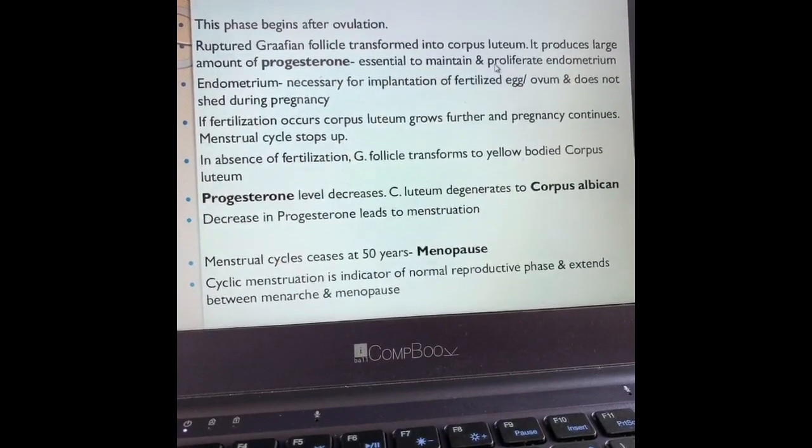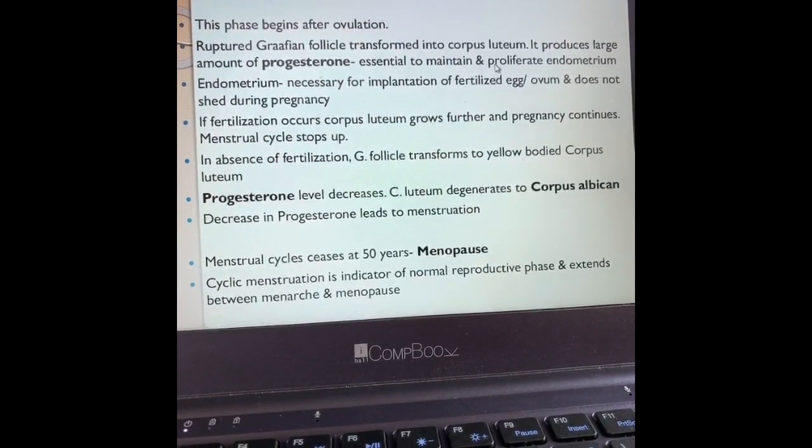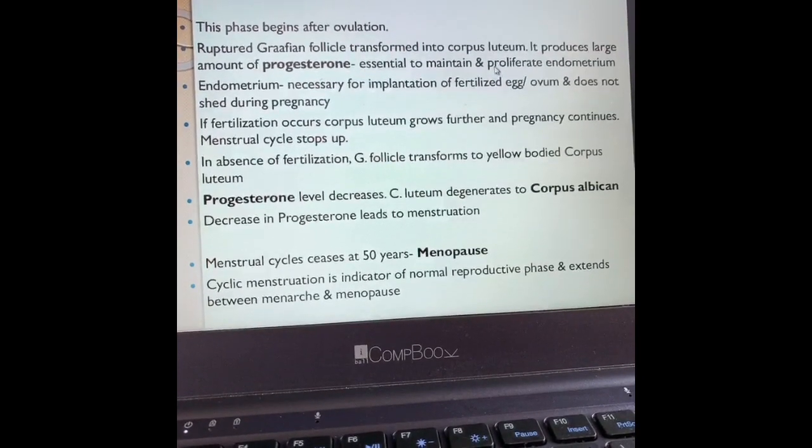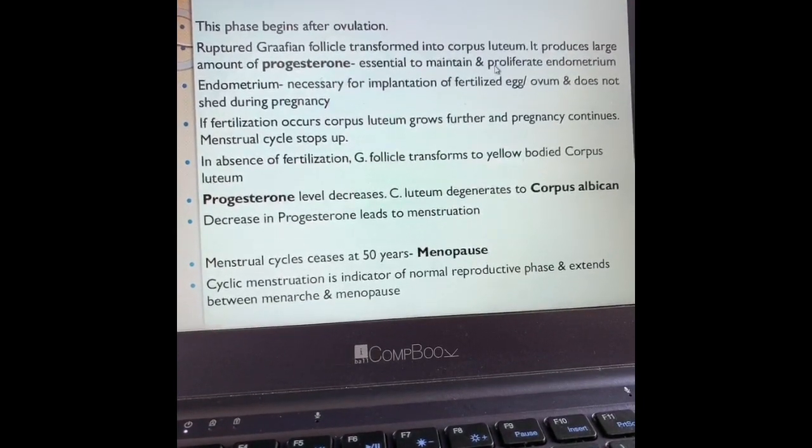Now suppose the ovum has been fertilized by a sperm successfully, then the corpus luteum does not degenerate and keeps on secreting progesterone throughout the pregnancy to maintain the endometrium.